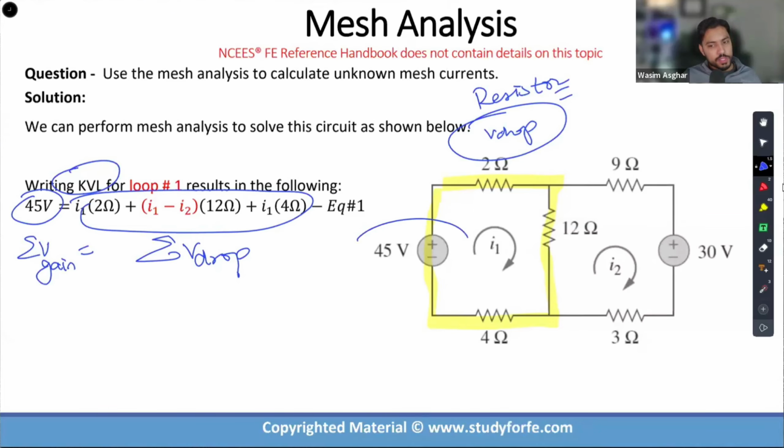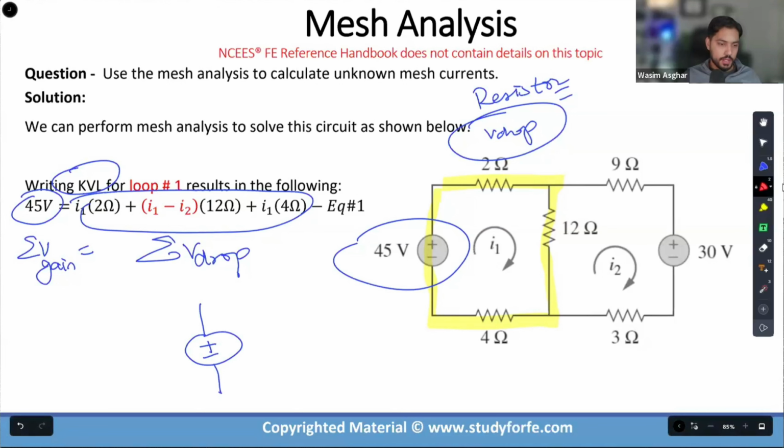Now the voltage source is actually a tricky business, because for voltage sources we need to remember our passive sign convention. Again, not explicitly mentioned in the FE Reference Handbook or the PE Power Reference Handbook. What is that passive sign convention? The passive sign convention says that a voltage source is going to act as a voltage gain in the circuit if current enters the negative terminal and leaves the positive terminal.